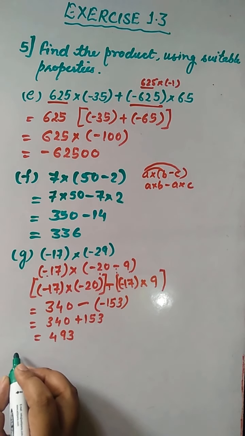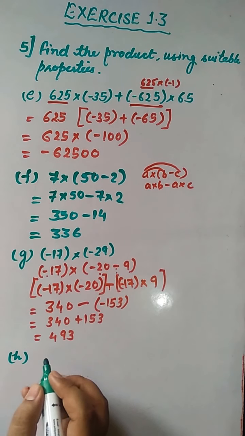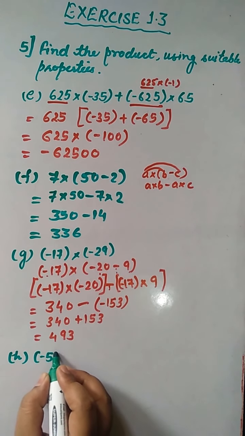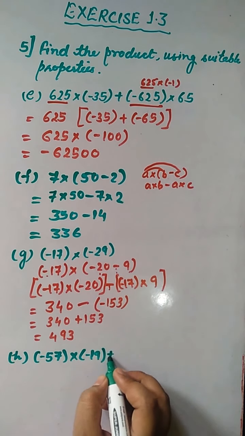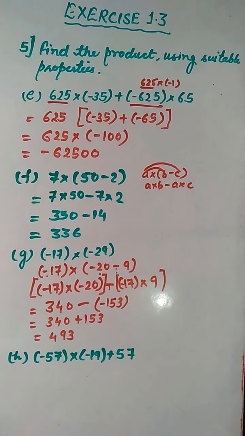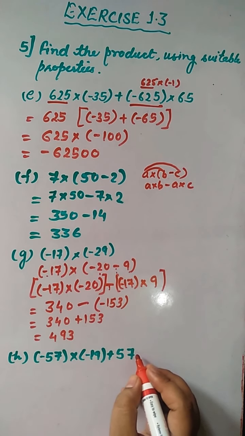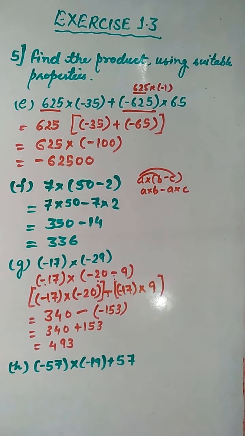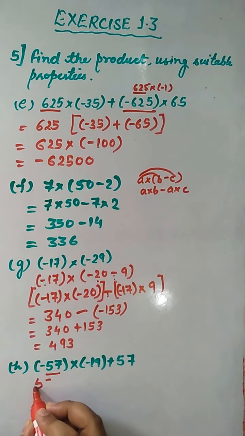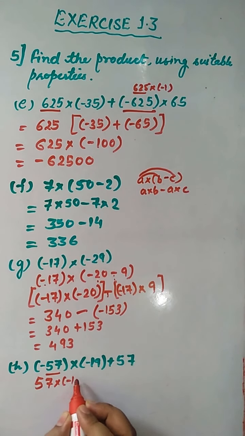Then H part, that is the last part of this question, minus 57 into minus 19 plus 57. So 57 we can write as 57 into, now the last part in this 57 minus 57, you can write 57 into minus 1, is it so?